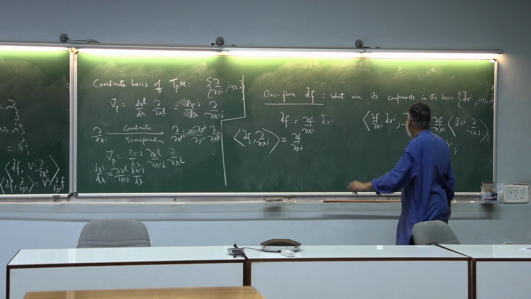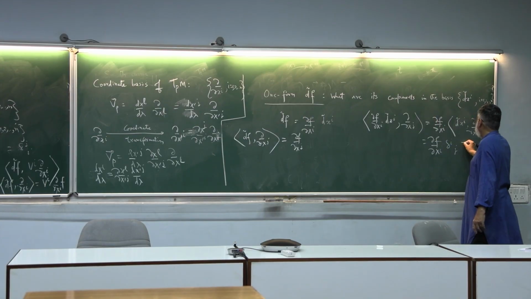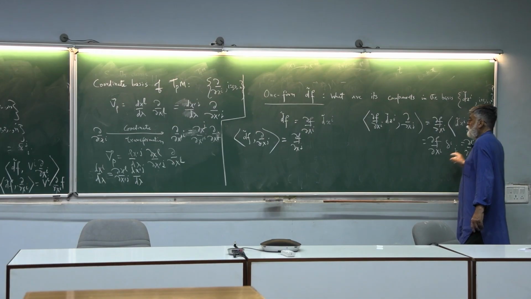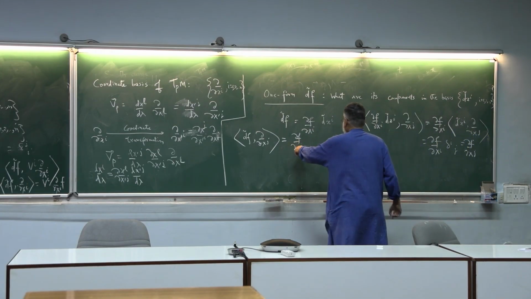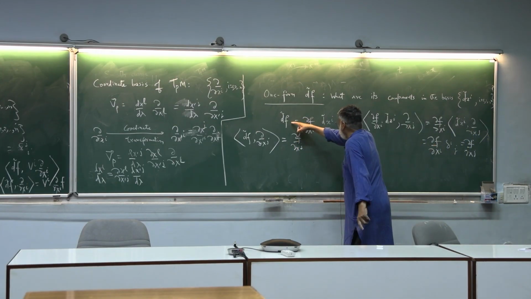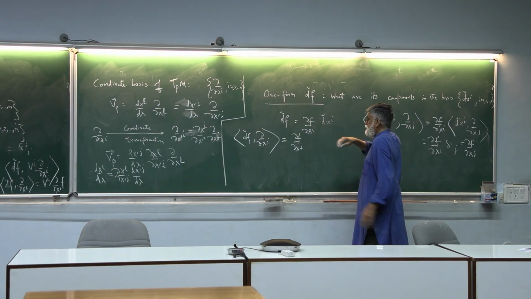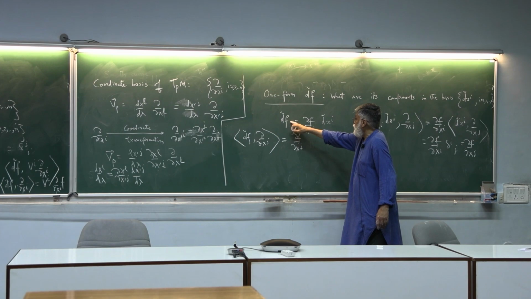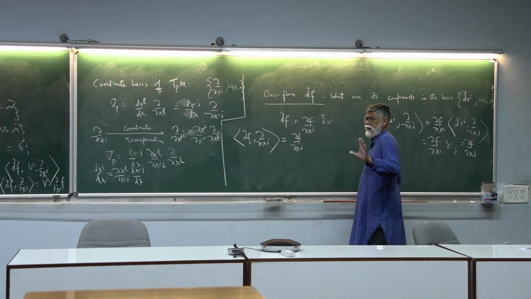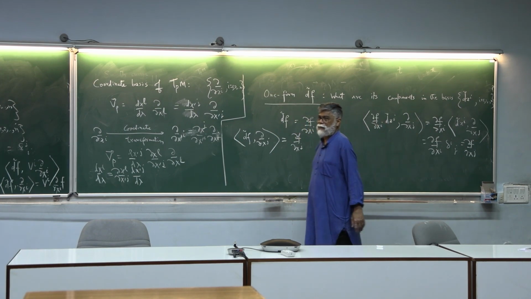I have written it there, and it is the same as del f by del x^j. So, on one hand this is this, so therefore this must be true. I have just proved that this must be true, and hence the components of this one form are the partial derivatives del f by del x^i.